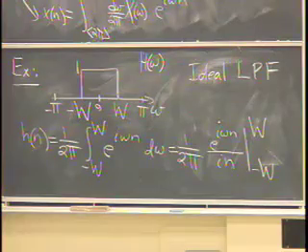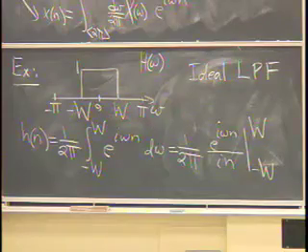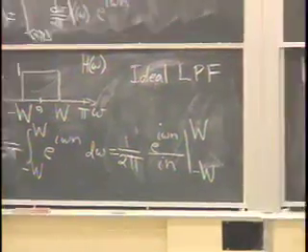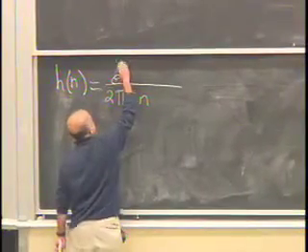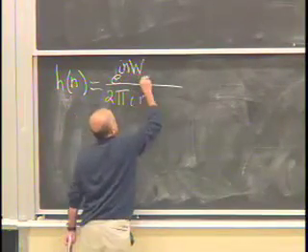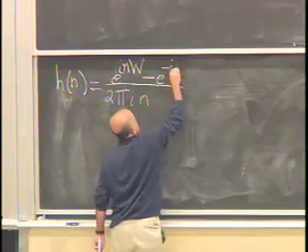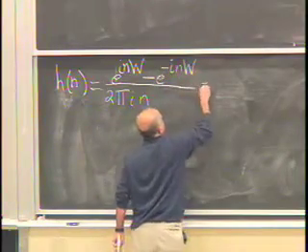One over 2 pi I n, and in the numerator I have e to the I n w minus e to the minus I n w.